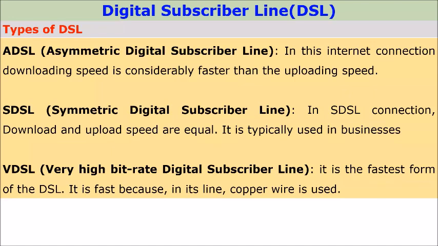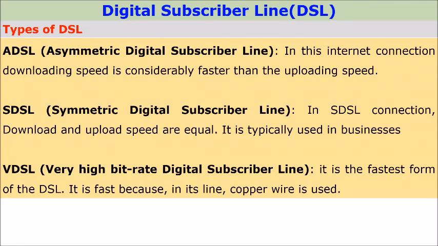They are using the internet for downloading more than uploading. Therefore, downloading speed is higher than uploading. But if you consider SDSL, mostly used in business, their speed is the same. Download and upload speed is equal.